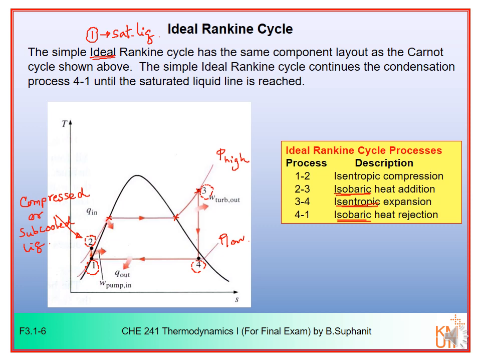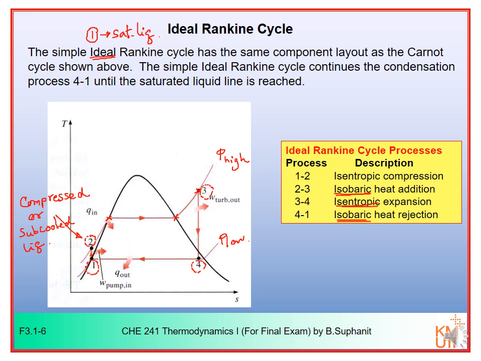Okay, and after that, from number 4, the sat vapor or vapor liquid mixture will be condensed into the sat liquid at number 1 again. So this is the basic description of the ideal Rankine cycle. Okay.